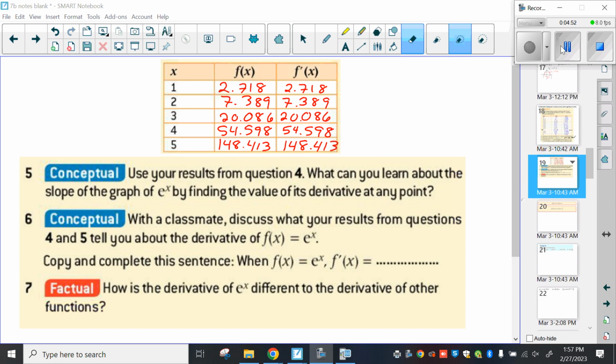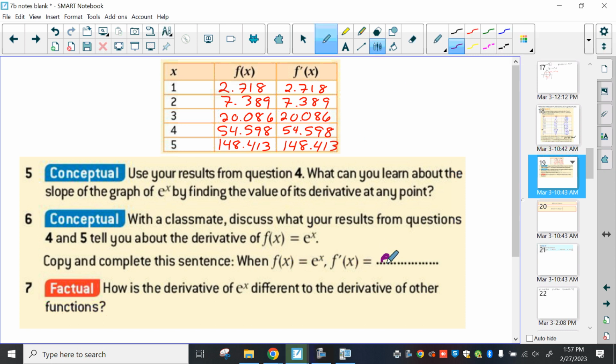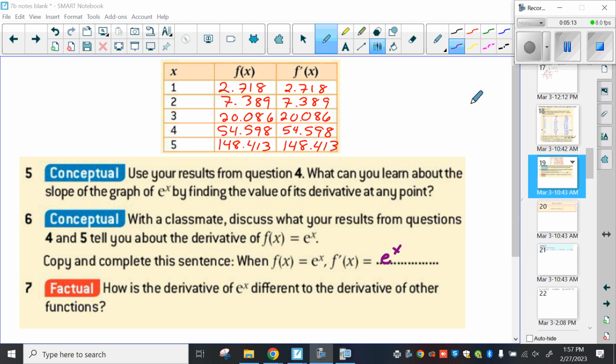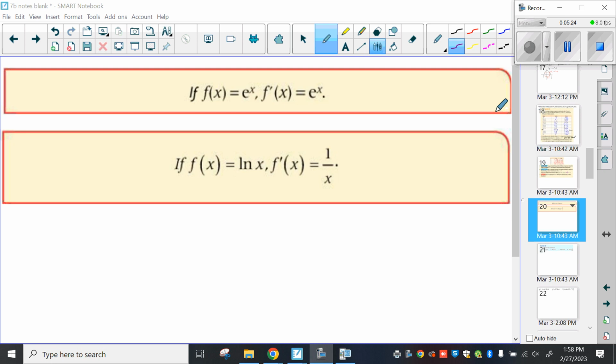They are consistently the same, which means if f of x equals e to the x, then f prime of x equals e to the x. The function e to the x and the derivative of e to the x is e to the x. So the output and the slope at that input are exactly the same. So the first thing is we just worked through why and how this works.